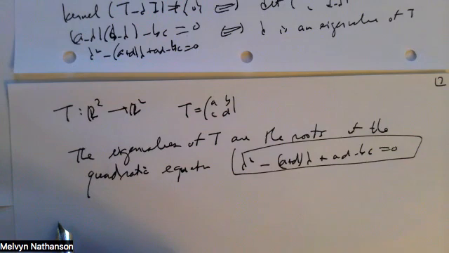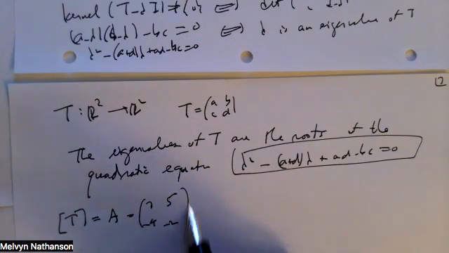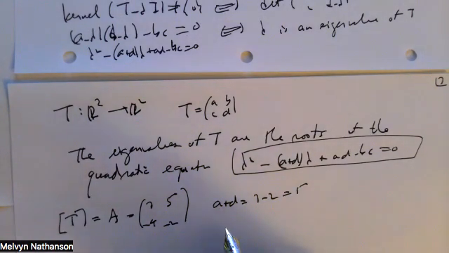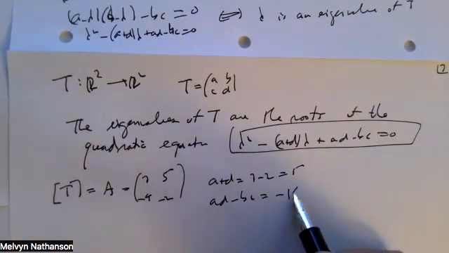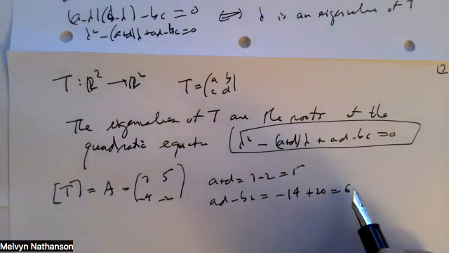Suppose we take a linear operator for which the matrix is 7, 5, minus 4, minus 2. So A plus D is 7 minus 2, or 5. AD minus BC, the determinant, is minus 14 plus 20, which is 6.